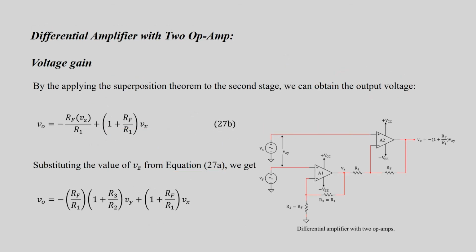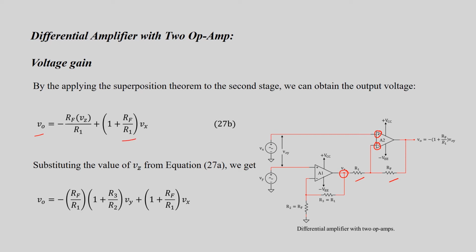By applying the superposition theorem to the second stage, we can obtain the output voltage V naught as follows. Because Vz is applied to the negative terminal, it will be minus RF by R1 into Vz, and to the positive side it's Vx, so it will be 1 plus RF by R1 into Vx.